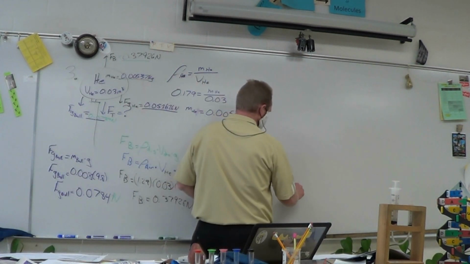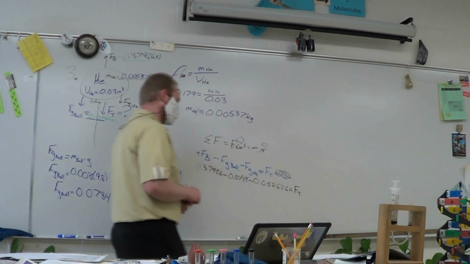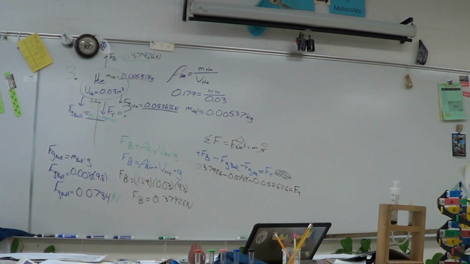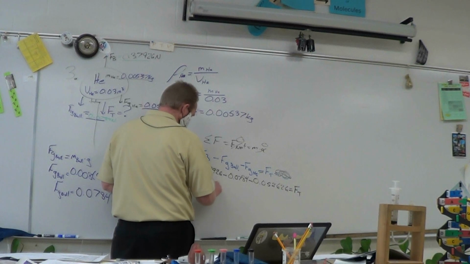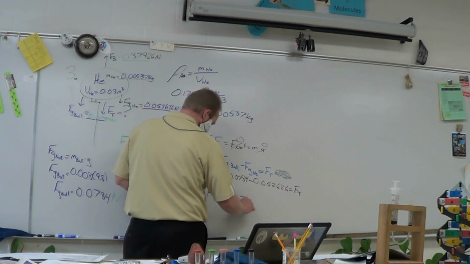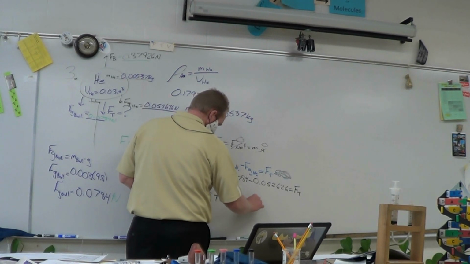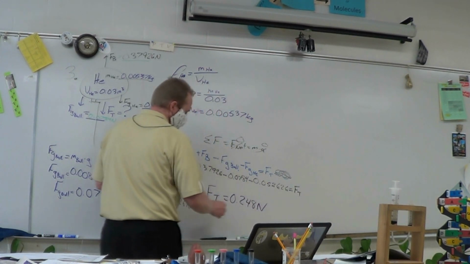So then this equals, so if I take my 0.37 number with all of the digits, and I've subtracted from my 0.07 number with all my digits, and I subtracted from my 0.05 number with all of my digits, I end up getting an F of t that's equal to 0.248 blah, blah, blah newtons.